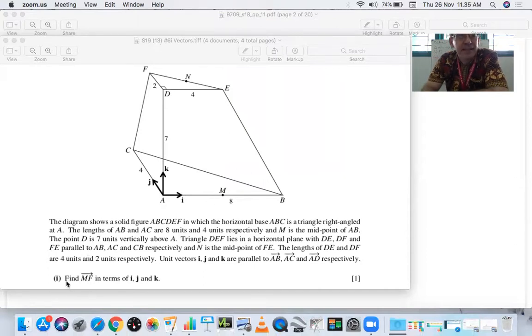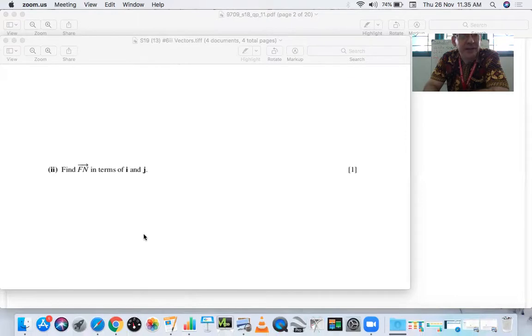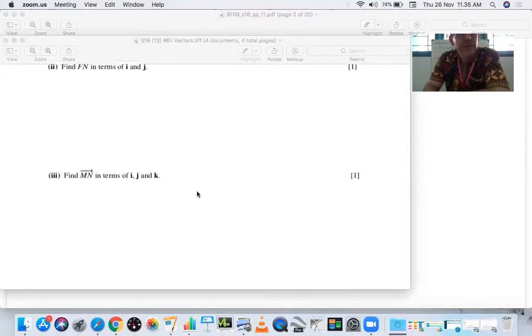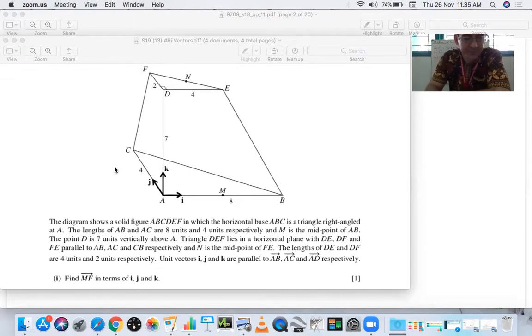It's asking you to find, in terms of I, J, and K, F. And the next one, it wants F to N. And the next one, M to N. And then you have a scalar product or dot product that uses what you found previously. So we're not going to get to dot product until the next video, but we want to be able to accurately find these I, J, and K component representations of these vectors so that you can apply it correctly.